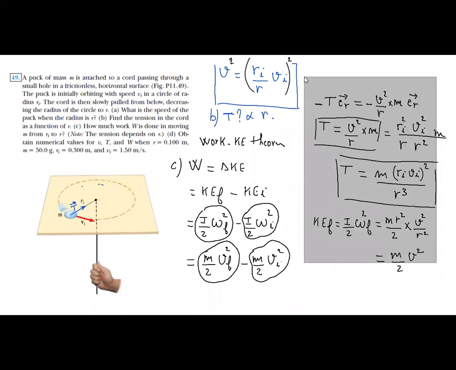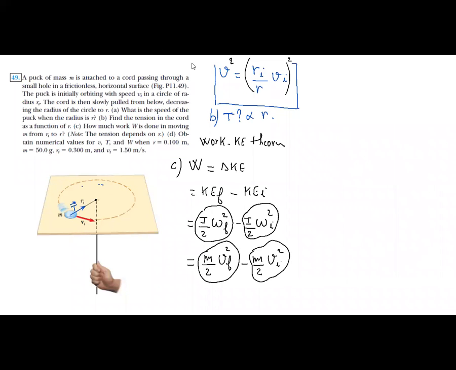Here we can write the work equals M over 2 V final square, which equals R initial divided by R times V initial square, minus M over 2 times V initial square.